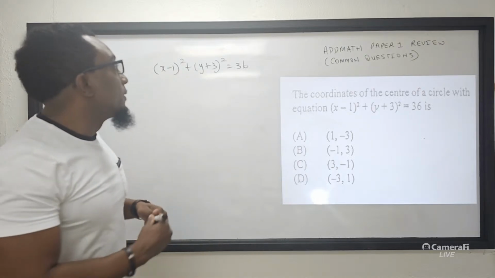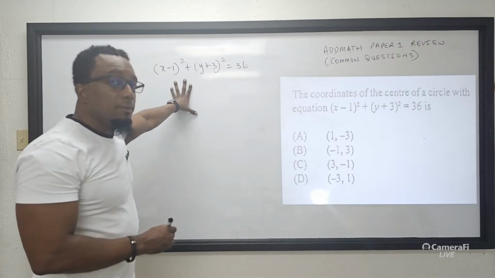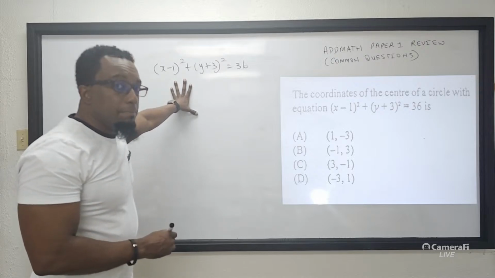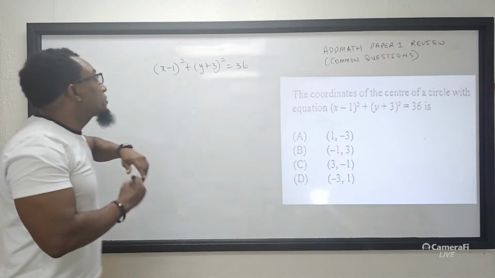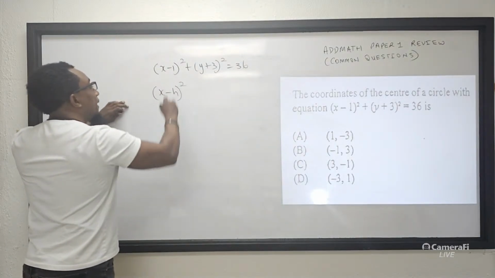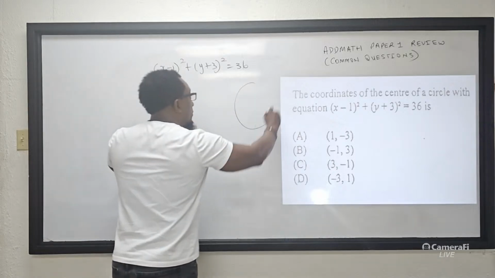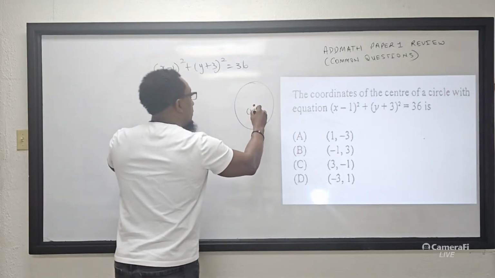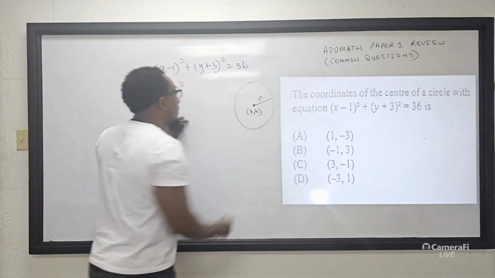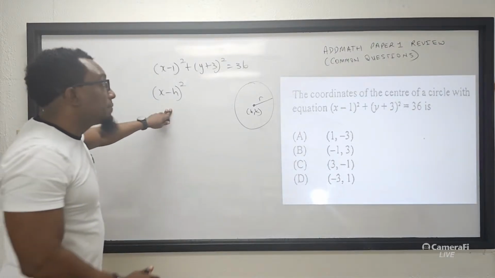So this equation of the circle is the standard form, which is derived from Pythagoras theorem. So the standard form, the equation is (x minus h) squared, provided your center of the circle is positive h and k, right? Then you'll use this formula for the equation of the circle derived by Pythagoras.